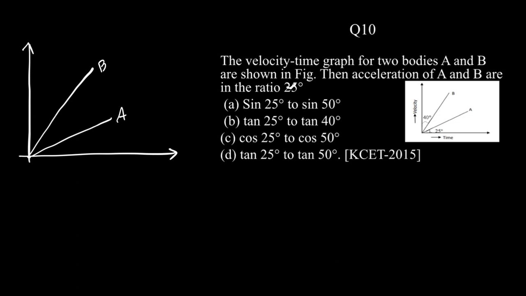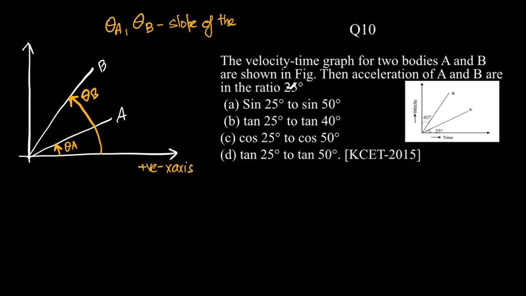All we need to understand is the fact that slope is calculated with respect to the angle measured with respect to the positive x-axis. So this angle theta A and this angle theta B will represent the slope of the graph.